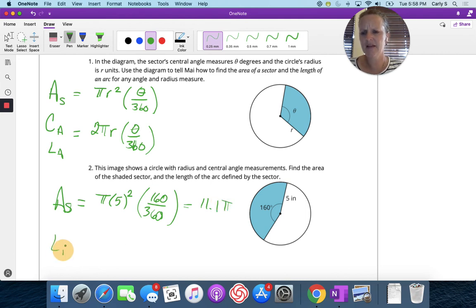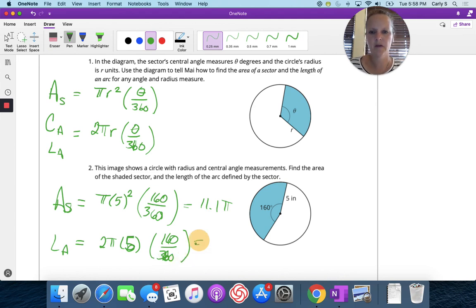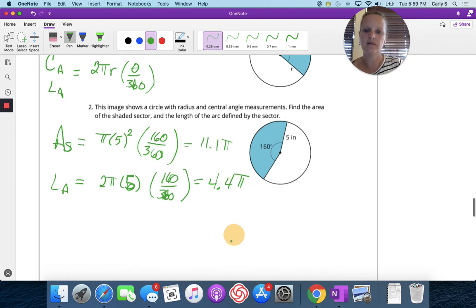And then the length of the arc is going to be 2 pi r times 160 over 360. Times 10 is 4.4 pi. In the area, your units will be squared. The length, your units will be single. Okay?